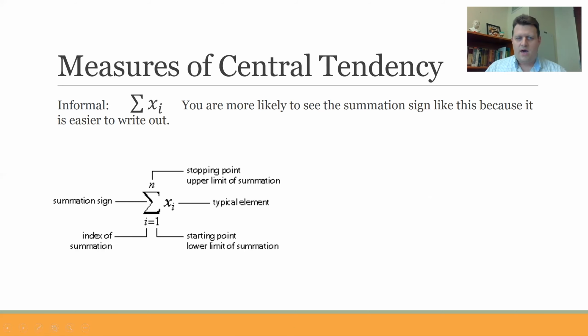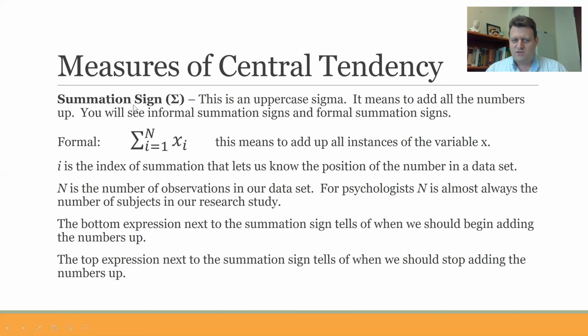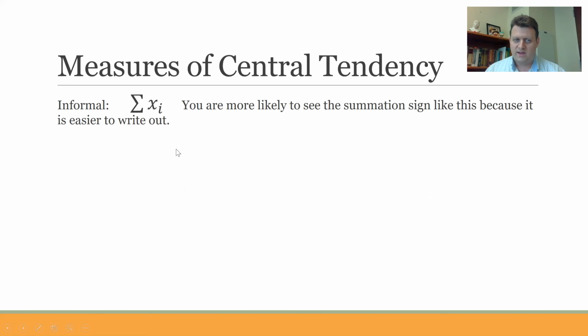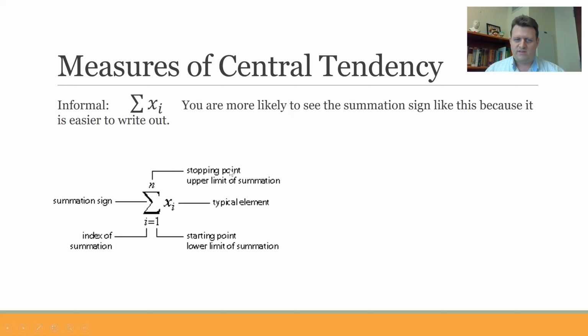I showed you this because that is how PowerPoint can display it. Many times you will see the stopping point and the starting point above and below the sigma sign. So here's an example. This is actually how we're going to write out how you calculate the mean.